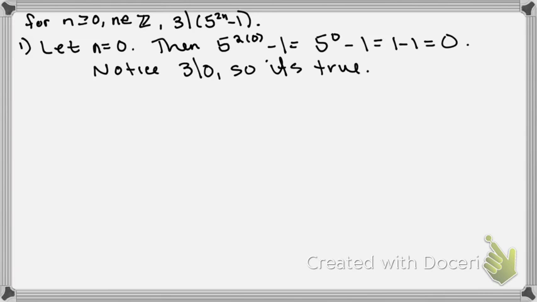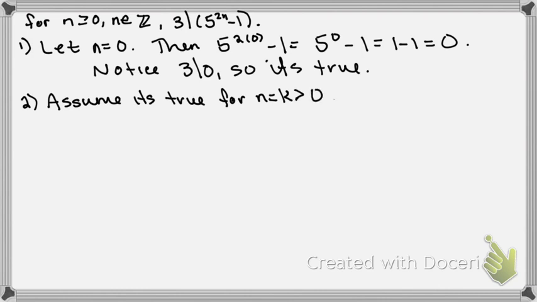All right, so that was step number 1. Now we're going to assume it's true for n equal to k, bigger than 0. So notice that this time I did bigger than 0 because that's the one we already proved it for, right? So last time it was greater than 1 because we had proved it for 1. So now we want to write down what this means.